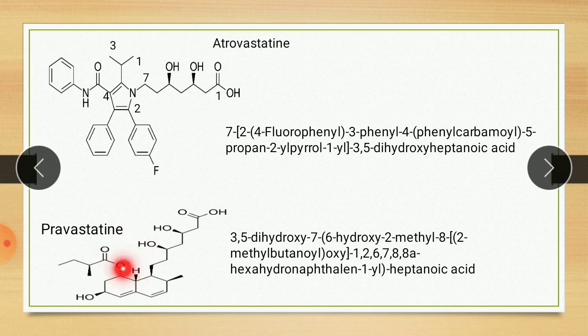On 8 there is a 2-methyl butanoyloxy. So it is a butanoyloxy, again 4 carbon with a ketonic group and with oxygen. Then 1,2,6,7,8,8a-hexahydronaphthalene is the same, 1-yl heptanoic acid. So the IUPAC name of pravastatin is 3,5-dihydroxy-7-[6-hydroxy-2-methyl-8-(2-methylbutanoyloxy)-1,2,6,7,8,8a-hexahydronaphthalen-1-yl]heptanoic acid.